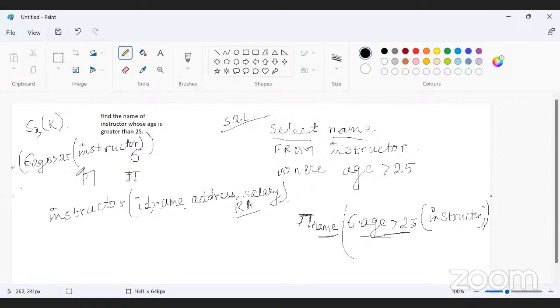First you perform this. Let me write this: age is greater than 25.